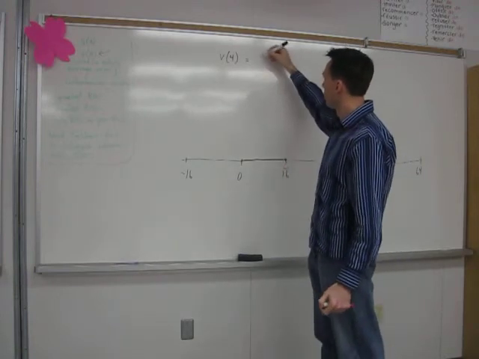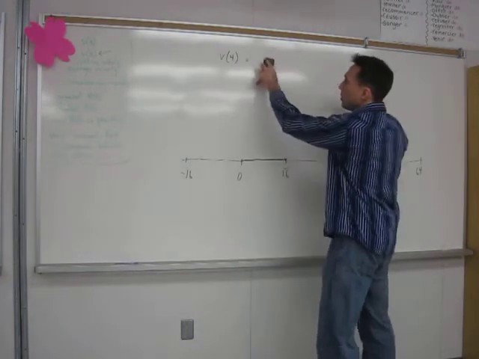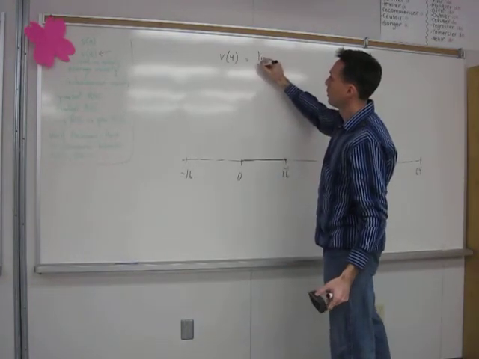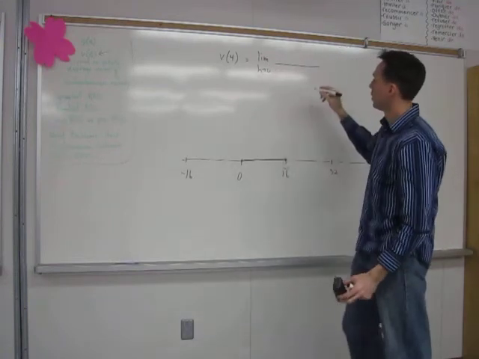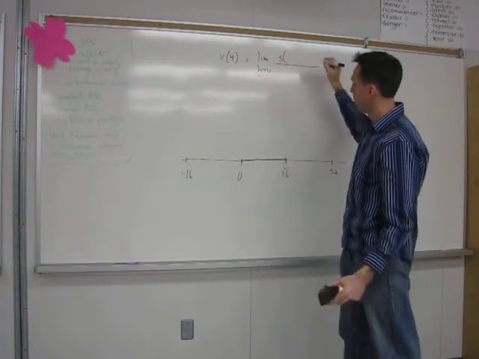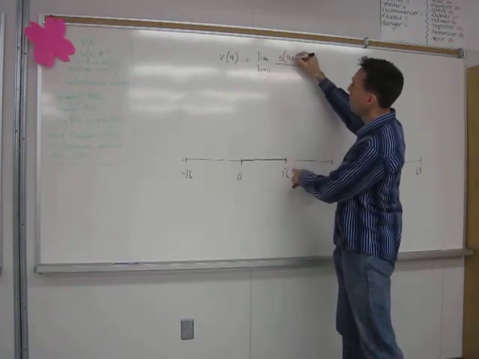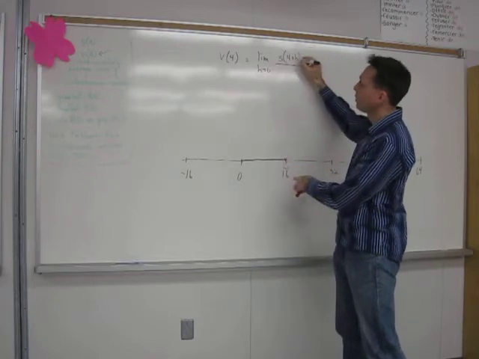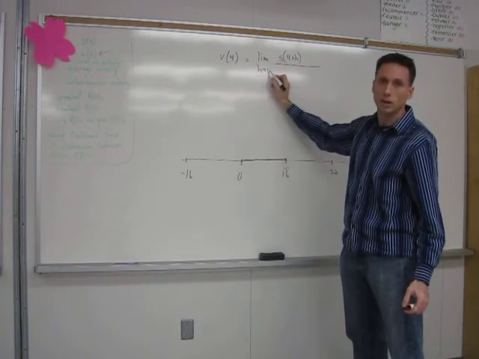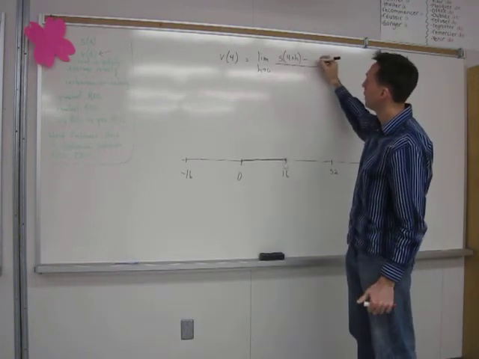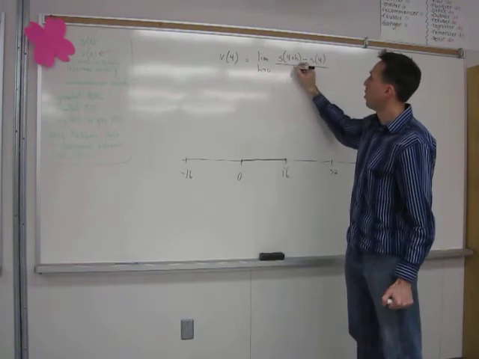Velocity is going to be, we're going to do the limit as h approaches 0 of s of 4 plus a little bit, right, plus h, and we're going to get h as small as we possibly can. We're going to actually get it right down close to 0, minus s of 4 all over h.